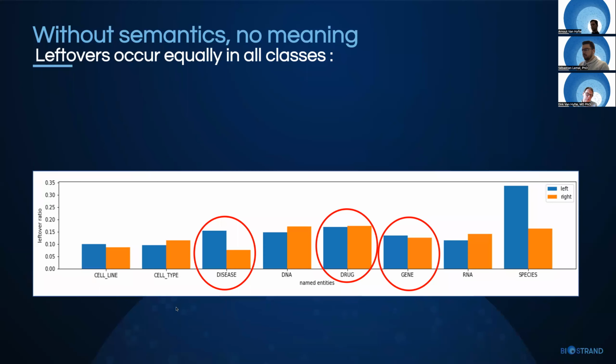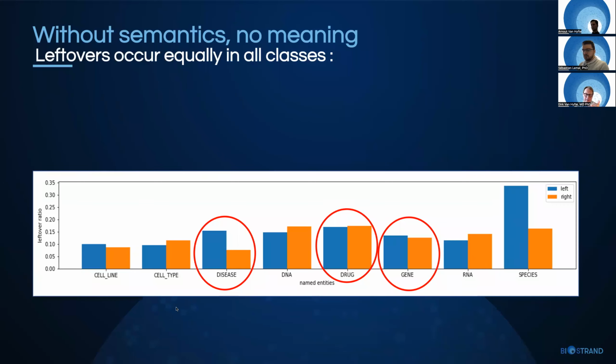A good way to read this graph: on the y-axis you have the leftover ratio. If we look at the class disease, then you have all the word groups that contain a word that points to a certain disease.